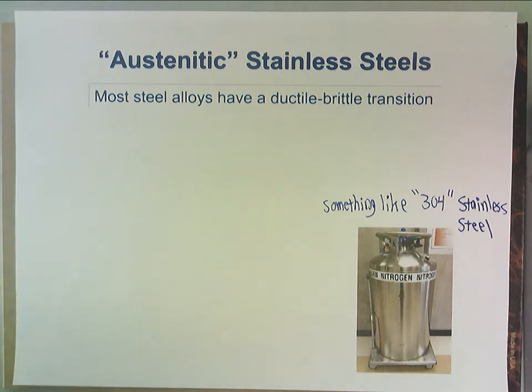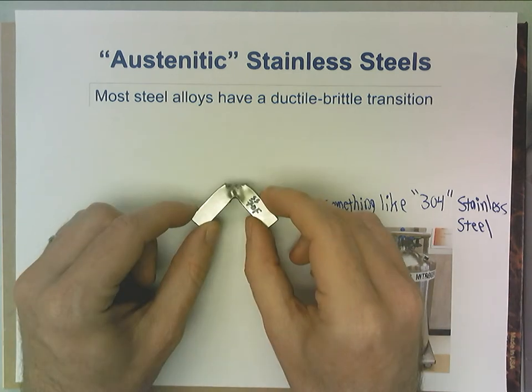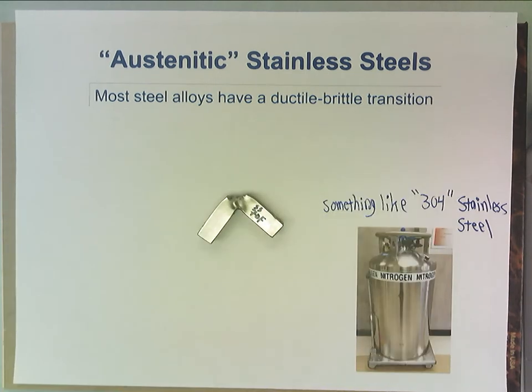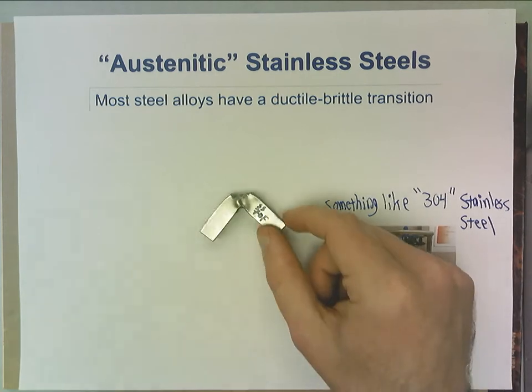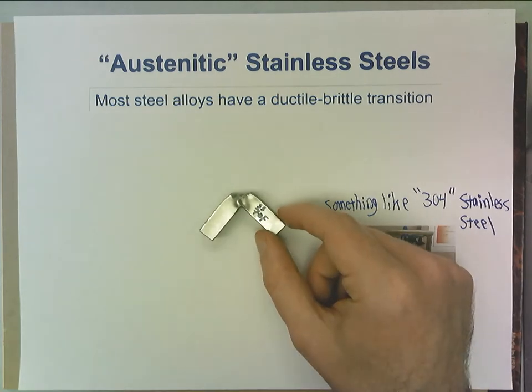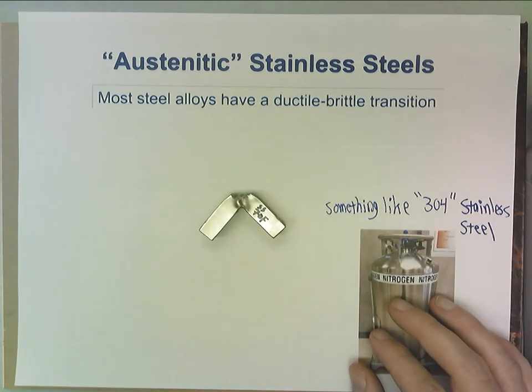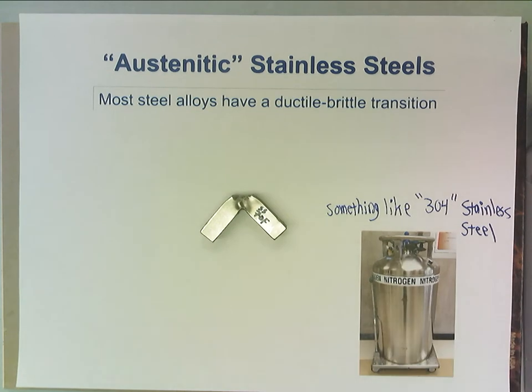Here is why we care about that. Let's see. That was room temperature. Well, let me just go back to this. This doesn't change much once we put this in liquid nitrogen. It does become a little more brittle, but it still retains a ductile failure surface. What does that mean?